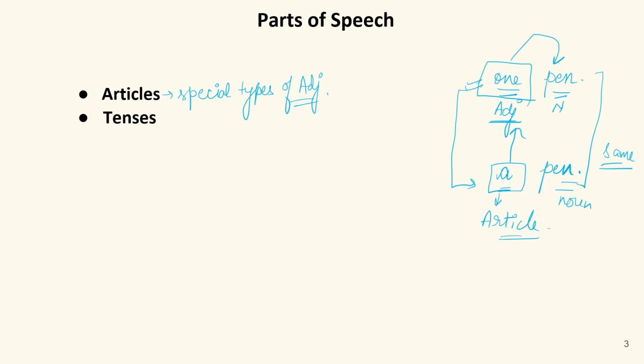That is why we do not say that articles are the parts of speech. We do not include them in parts of speech just because they are a kind of adjective. Now, what are tenses?